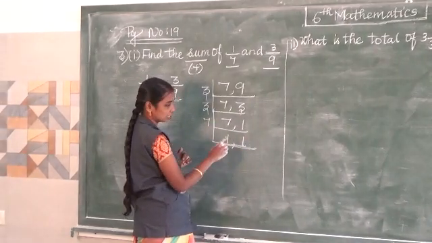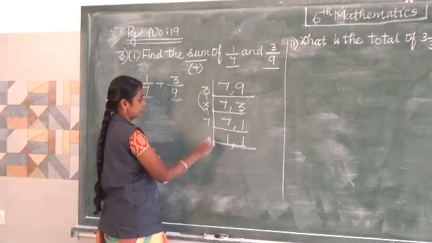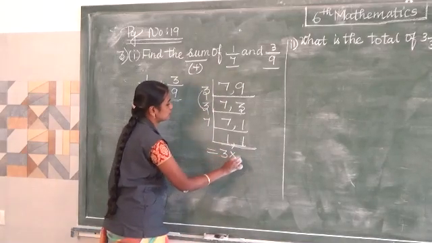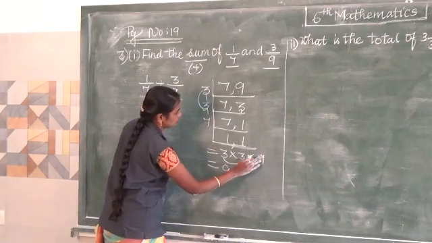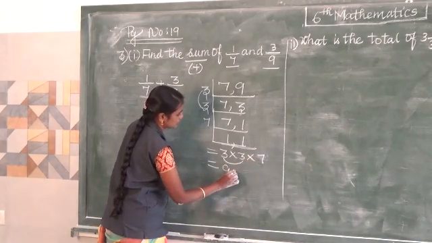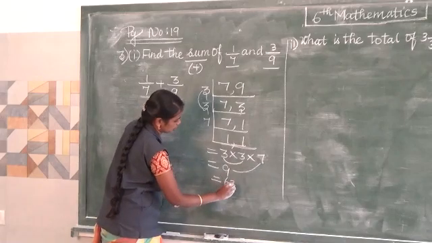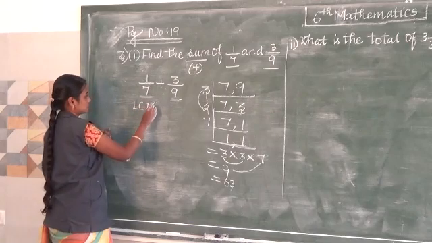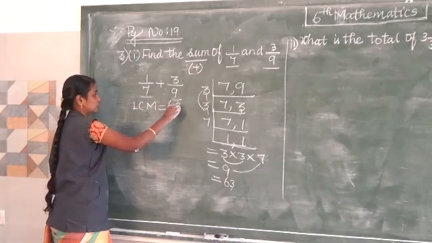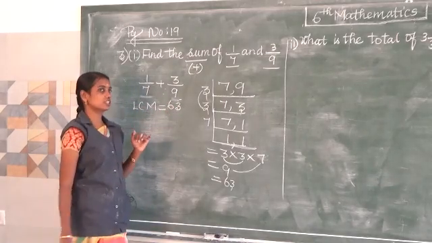So till the 1 we have to complete it. Now multiply the factors: 3 3s are 9, 9 7s are 63. So LCM is 63.